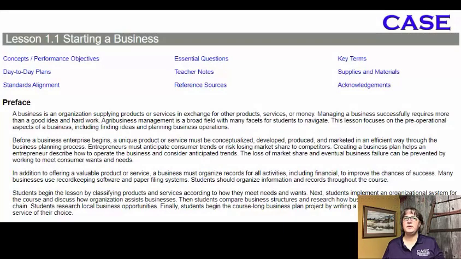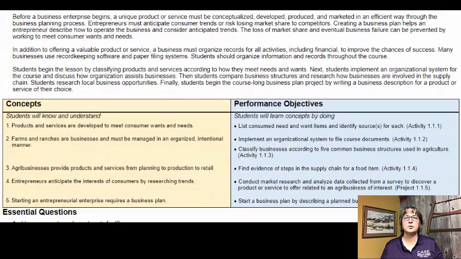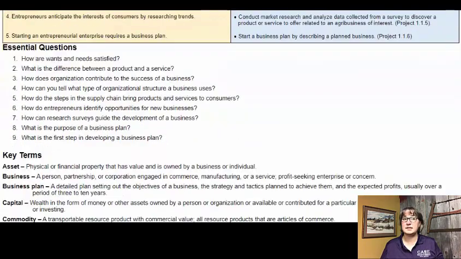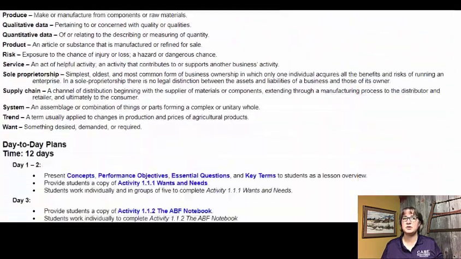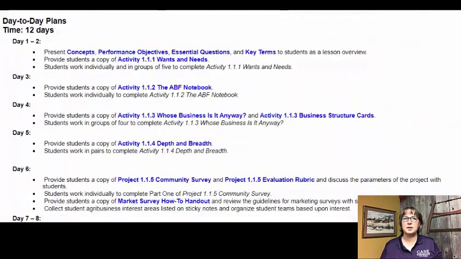Project 115 Community Survey is part of Lesson 1.1, Starting a Business. In this lesson, students have already investigated consumer needs and wants, classified businesses according to the 5 common business structures, and investigated the supply chain for a food item.